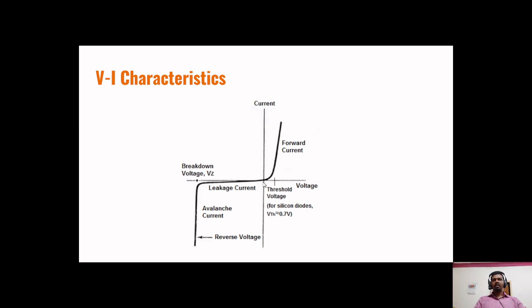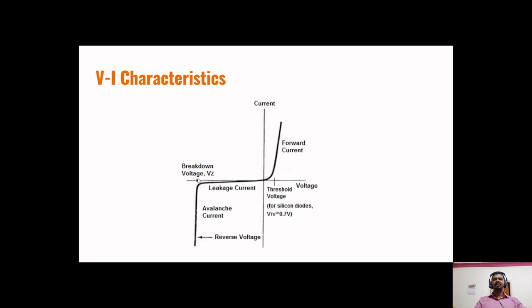Now let us look at the reverse characteristics. You apply a negative potential. As the negative potential increases, there is no flow of current up to a point called the breakdown voltage. When it reaches this particular voltage value, you find a sudden release of charge carriers.